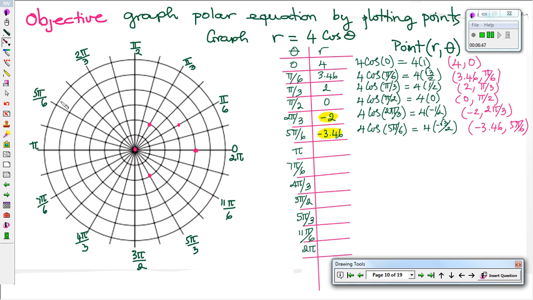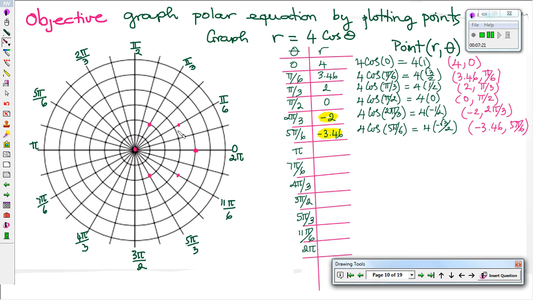I'm going to look for 5 pi over 6. This is the terminal side of 5 pi over 6, but since r is negative, the point cannot stay on this terminal side. We have to go to the opposite of that terminal side, which is 11 pi over 6. Now I'm looking for 3.46. I'm going to count 1, 2, 3, 3.46.